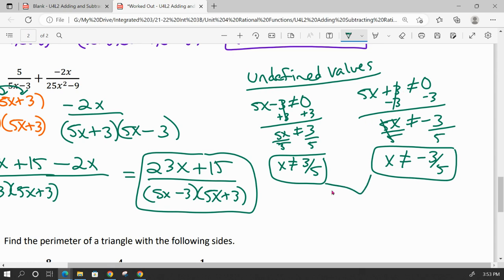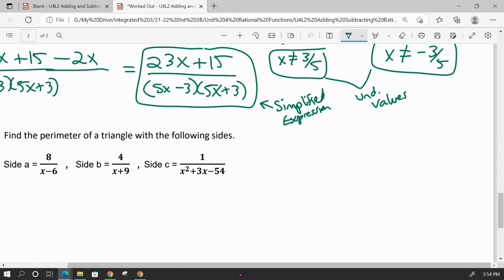So these are my undefined values. They're also called restricted values. If you see in the directions the statement, what are the restricted values, that's the same as undefined values. And this is your simplified expression.